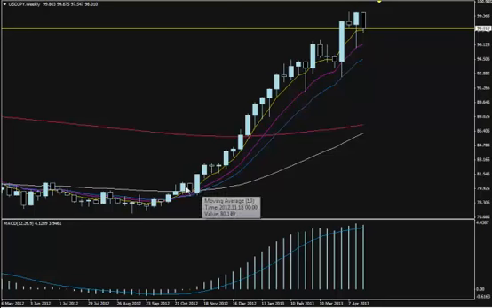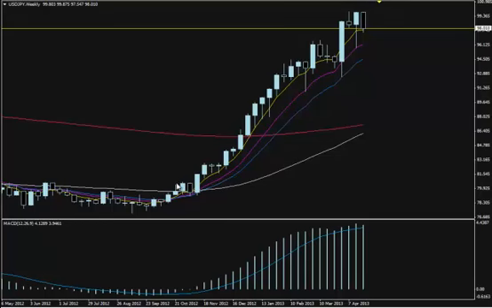Somewhere here we could have entered early, just when price jumped above the 65 EMA. You see that before that we had a crossover of the 5, 10, and 15 EMAs, and then they are all in proper bullish order: 5 just below price, 10 just below 5, and 15 just below 10.